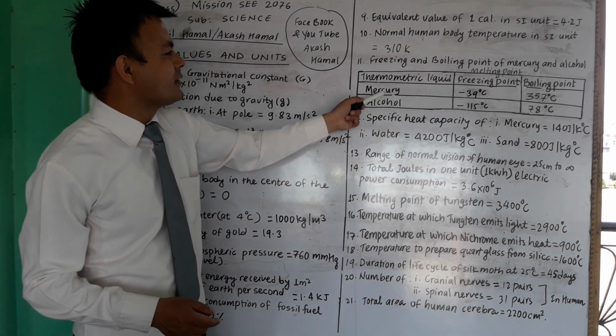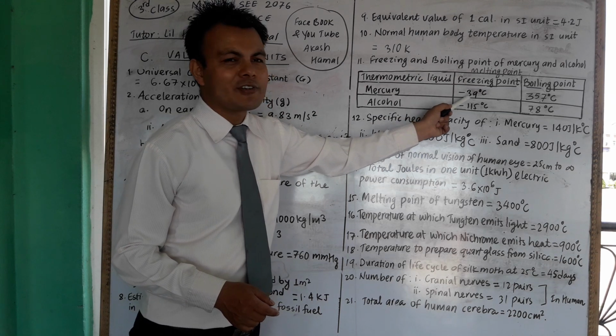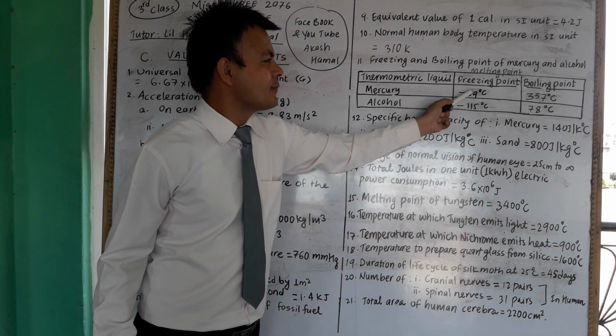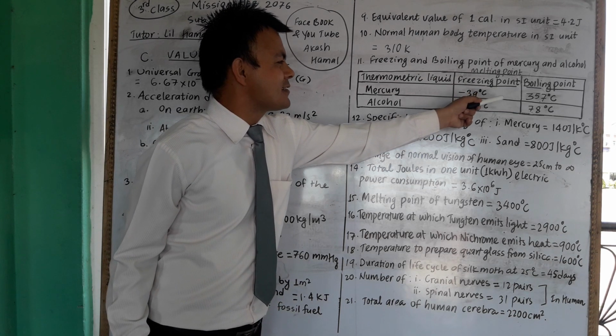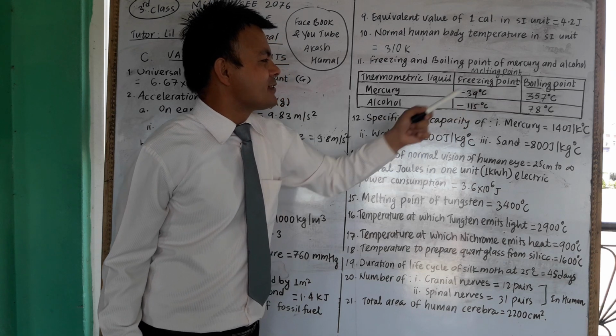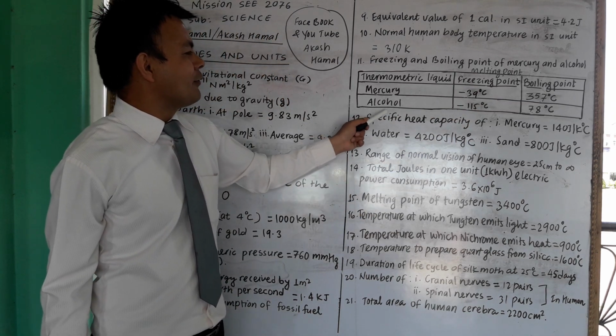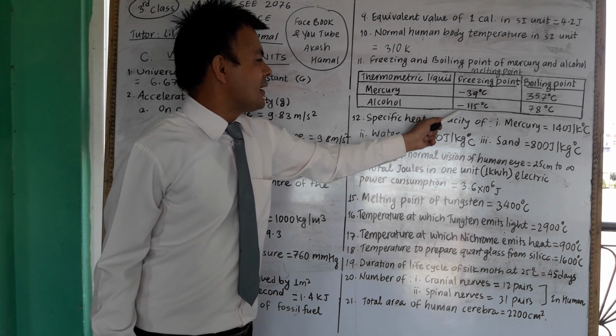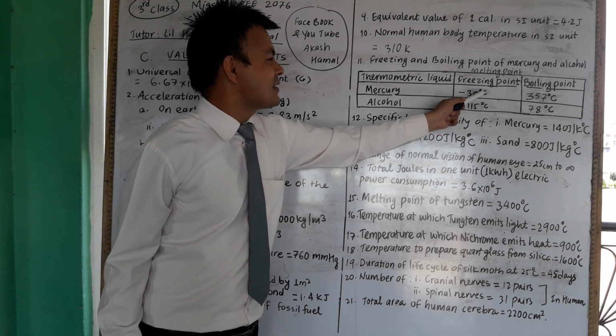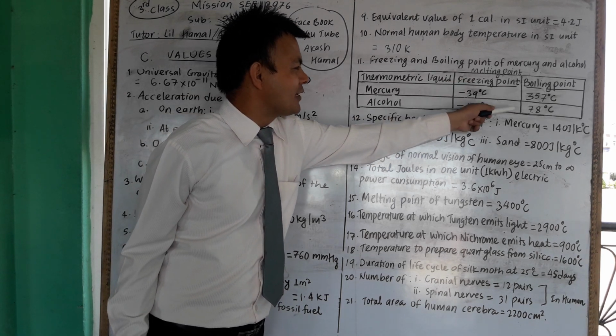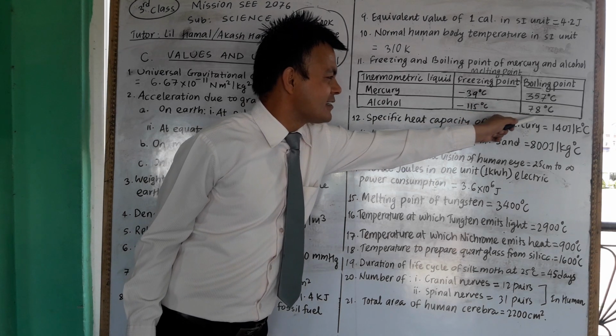The mercury, the melting or freezing point is minus 39 degrees Celsius. That of the boiling point is 357 degrees Celsius. That of alcohol is minus 115 degrees Celsius. The melting point and the boiling point is 78 degrees Celsius.